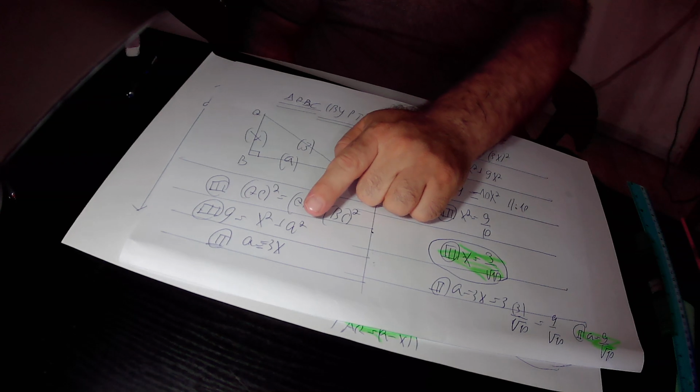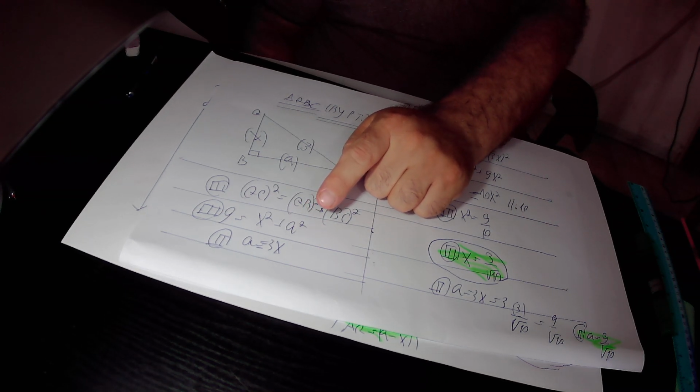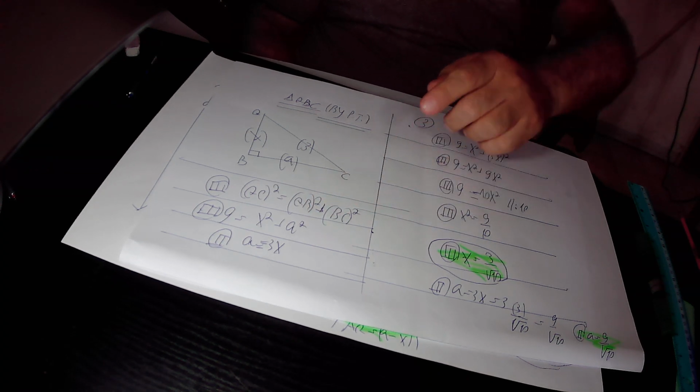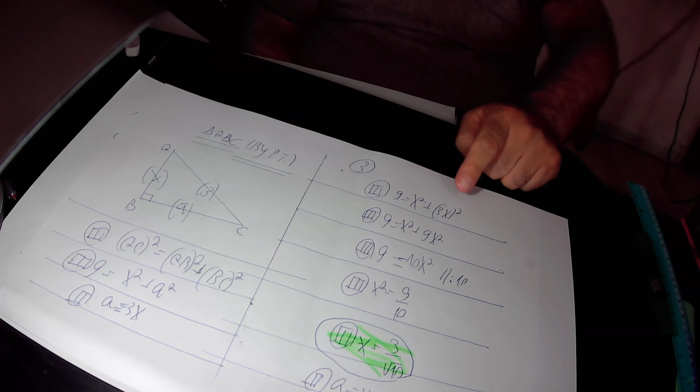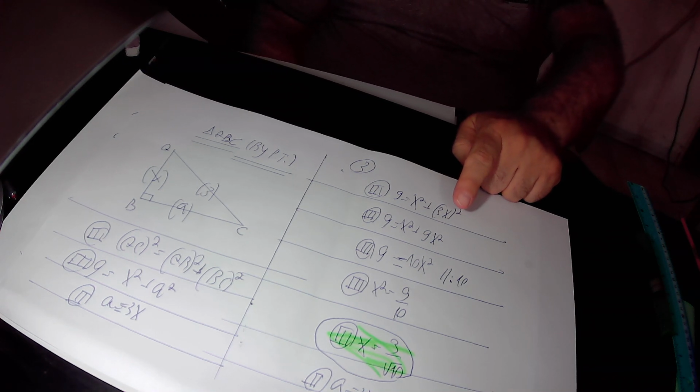But according to equation 2, a equals 3x. If a equals 3x, it means that a squared must be equal to 9x squared. So we can substitute a squared in equation 3 by 9x squared from equation 2. We found that 9 equals x squared plus 9x squared, that is 10x squared.